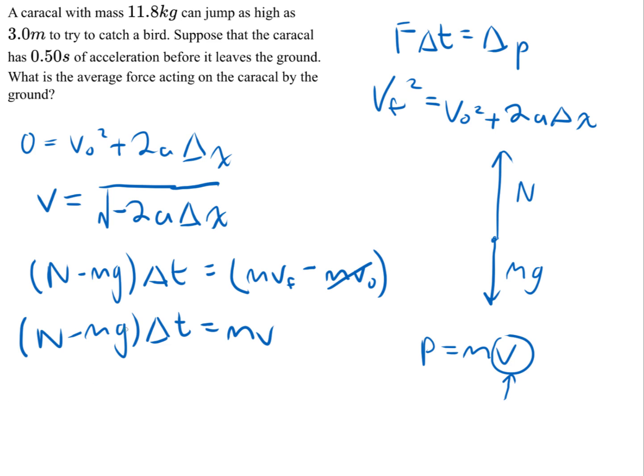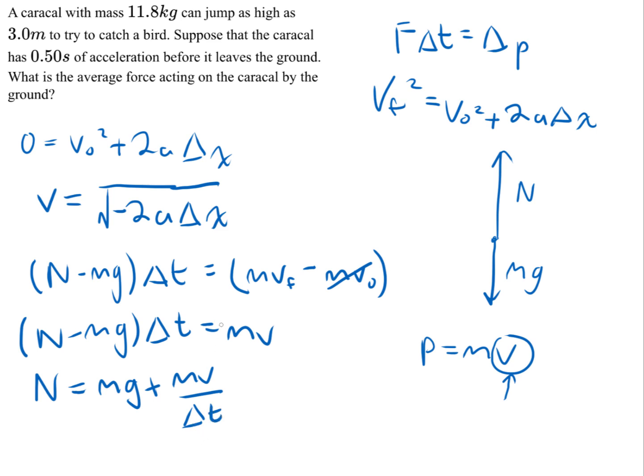So we need to solve this for the normal force, since that is what is acting on it. That's the force that it exerts on the ground. The normal force, if you solve this, is equal to the force of gravity plus the momentum over the time interval.